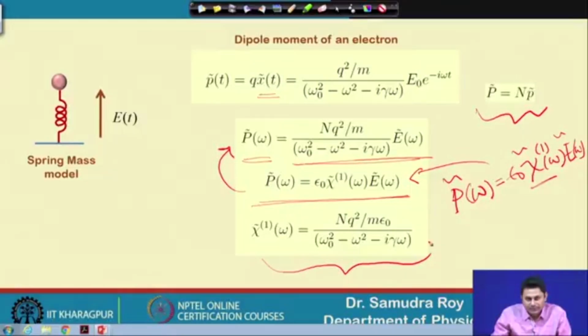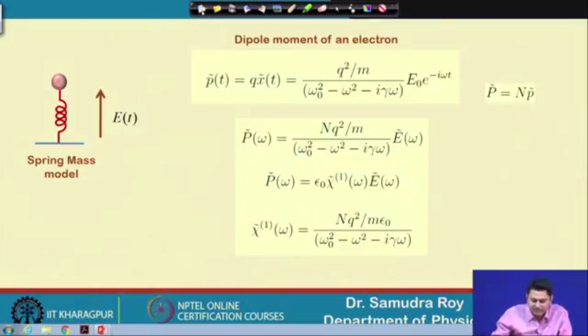One thing you should remember is that this is not a real quantity; it is a complex quantity, and the term i is sitting here. This i has a profound significance in terms of loss or absorption, because it is related to the damping part of the system. You can see that gamma and i are related. Omega 0 is the resonance frequency.